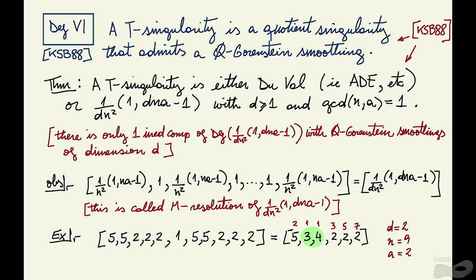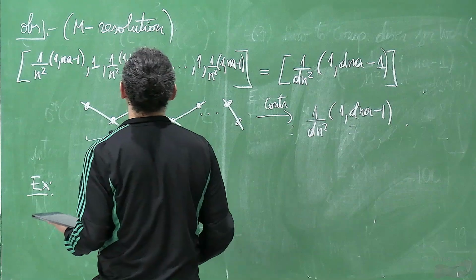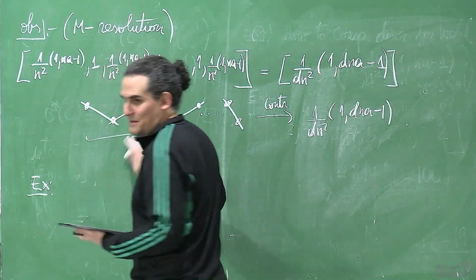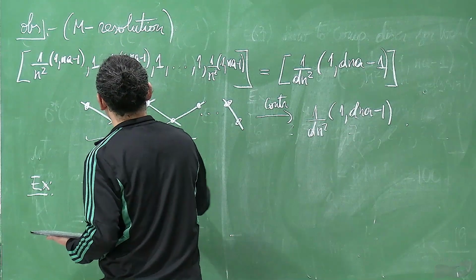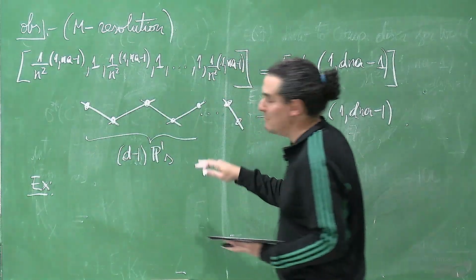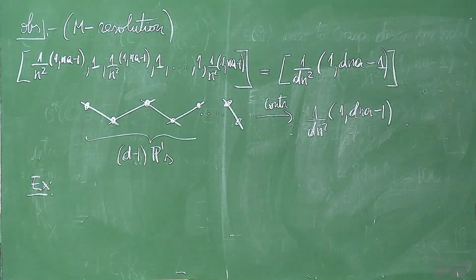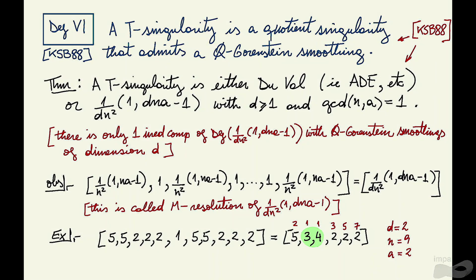So maybe d minus 1 would be 1. Yes, d minus 1, that is correct. Because when d is 1, then we have only the Wahl singularity. So here we have d equals 2, so we will have only 1, 1, like in here.